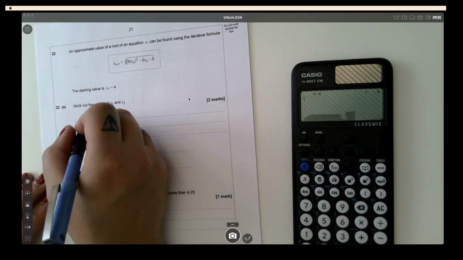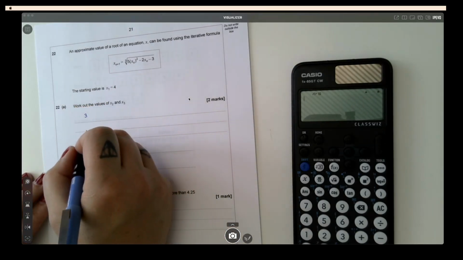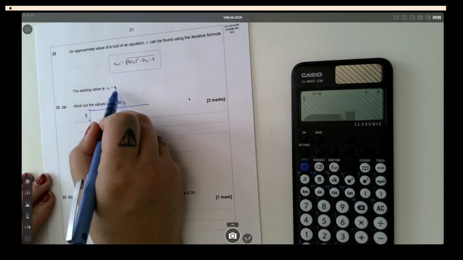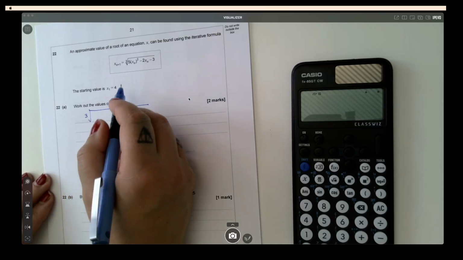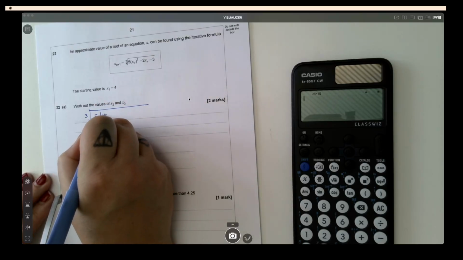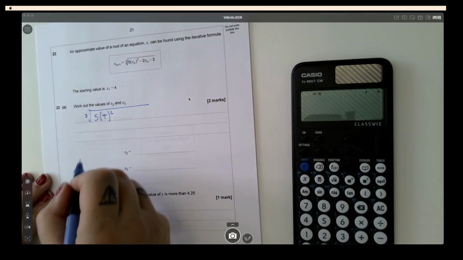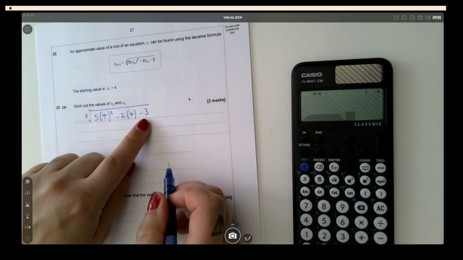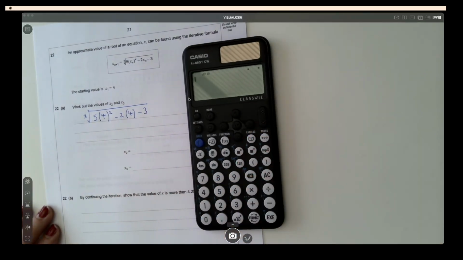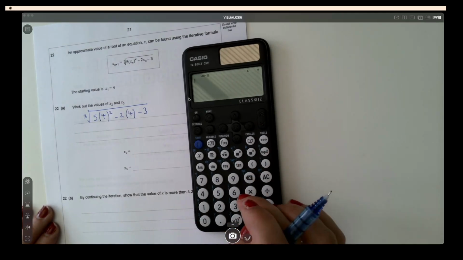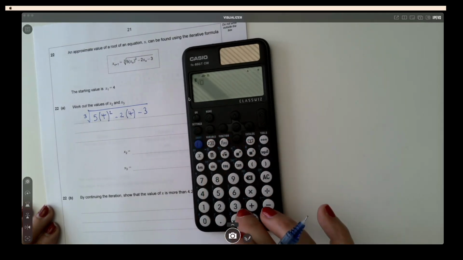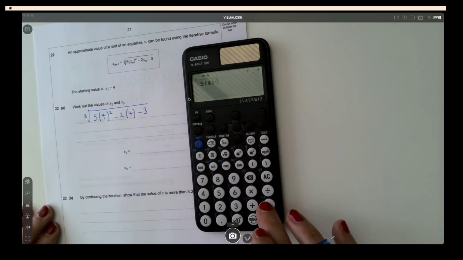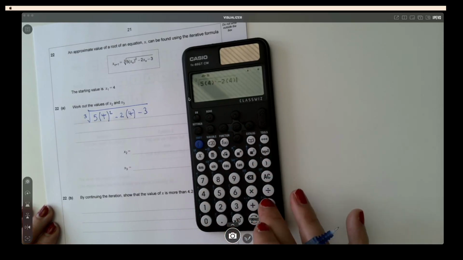So we're going to use this iterative formula, but instead of xn, we put the value for x1, because we're going to use x1 to find x2. So we have 5 times 4 squared, subtract 2 times 4, subtract 3. What you see here is what I'm going to enter into my calculator: the cube root of 5 times 4 squared, subtract 2 times 4, subtract 3.